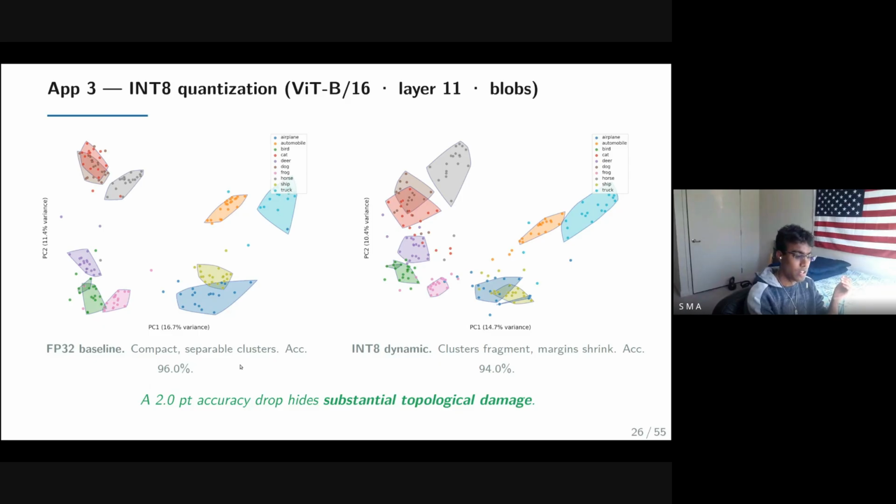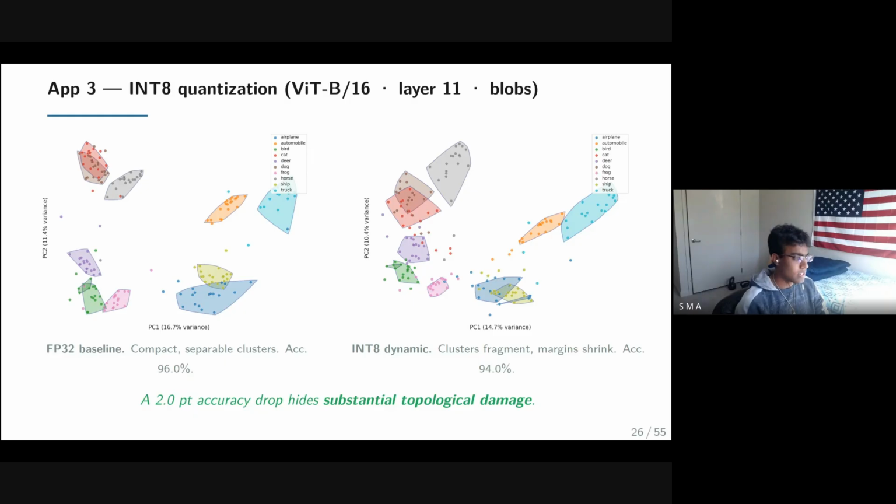There's only a 2-point drop in accuracy, but the clusters are quite different. You can see that a lot of data points are being pushed away from the original clusters. They're not part of the same clusters anymore, and they're being moved around in the manifold when the model is being quantized. This tells us that the model did not learn the manifold really well, and it's really weak when it comes to quantization techniques.